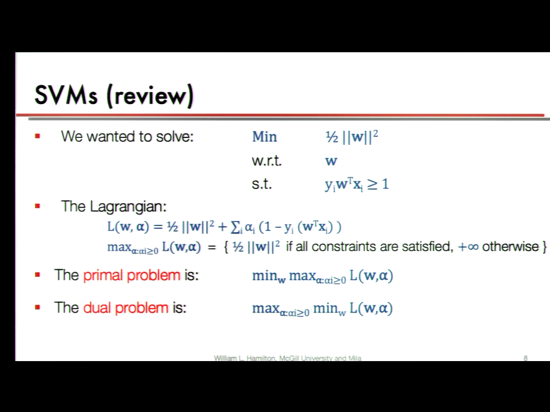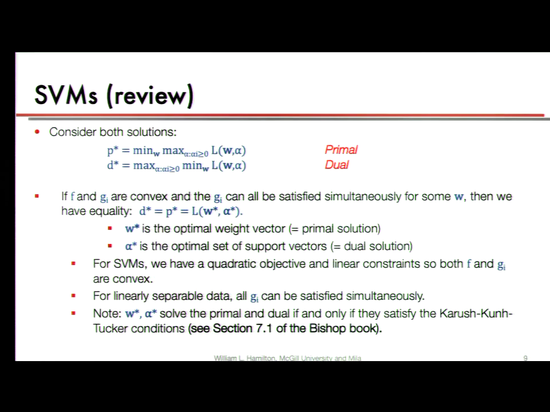We can flip the max and the min, and do this flip from what we call the primal to the dual, because of some nice theory surrounding convex optimization. In particular, if our objective function and all of our constraints are convex, and we have linearly separable data, there are a number of assumptions we need to make here, but under assumptions that are nicely satisfied for SVMs, the solution to this min-max problem will be the same as the solution to this max-min problem.